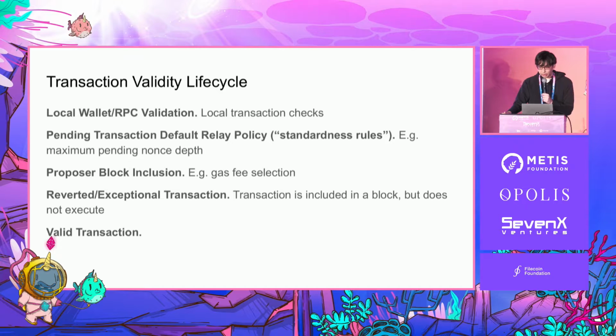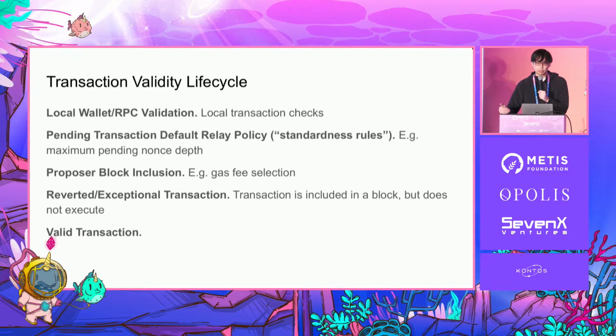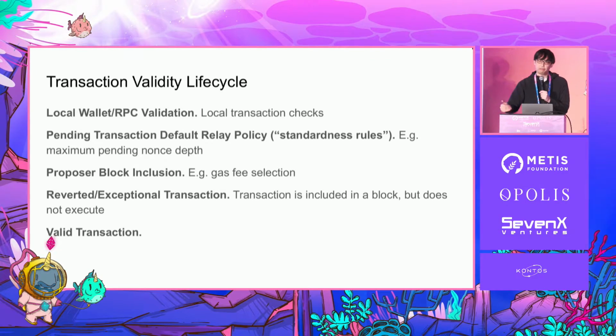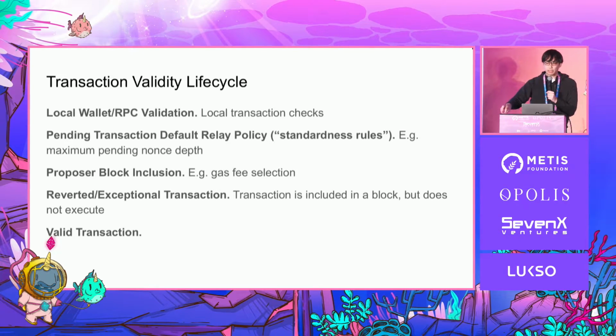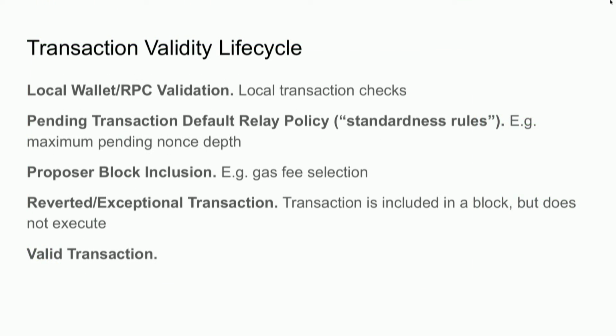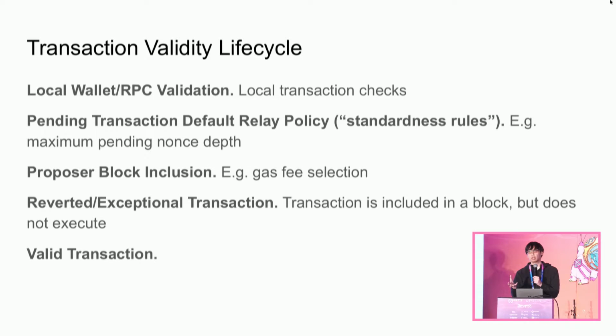Now, the fact that there's a separation between reverted and valid transactions is fairly interesting, because there are three major filters: whether it gets propagated on the P2P level, whether it gets reverted, and whether it's valid. What's fairly interesting is that oftentimes the constraint around the P2P layer is higher than what is accepted in a block. For example, the block can include 100 transactions from an account, but it's not allowed in the P2P layer.